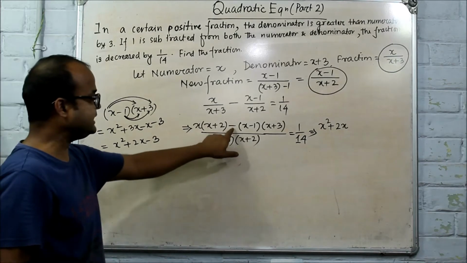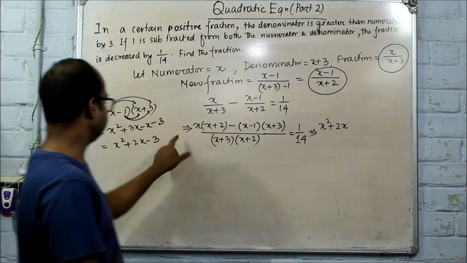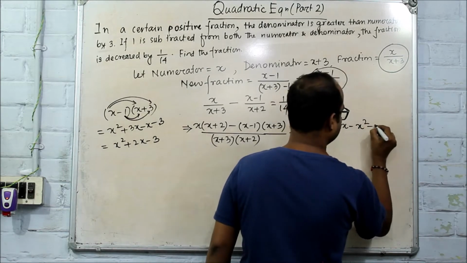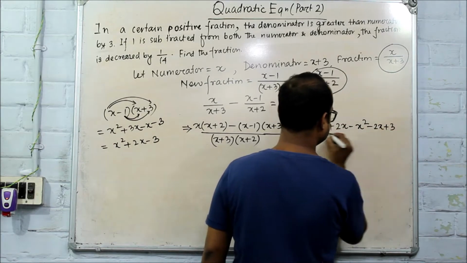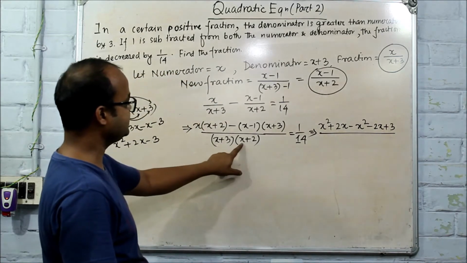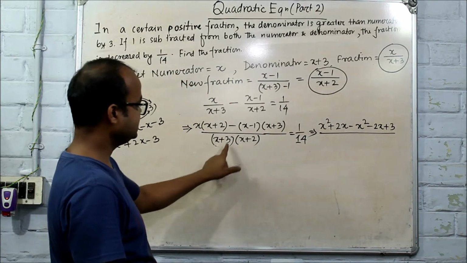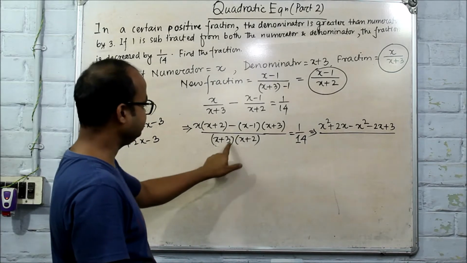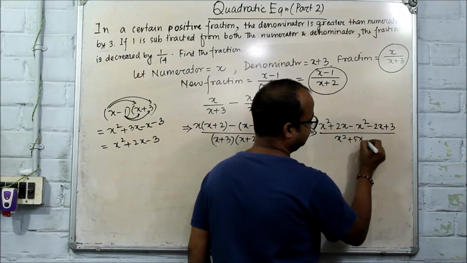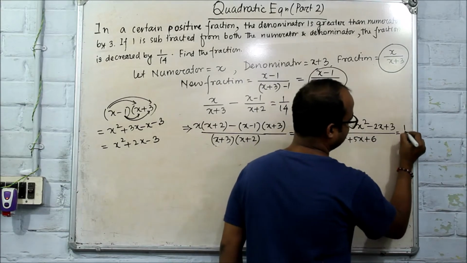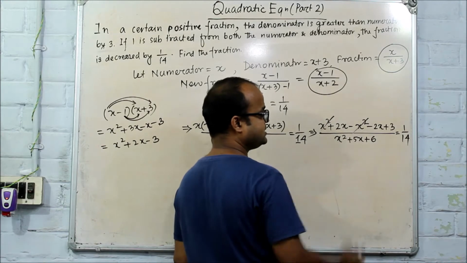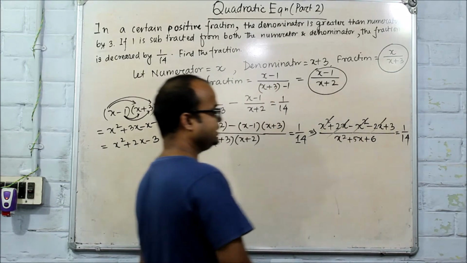Now see, the outside sign is negative, so each term will change its sign. So minus x square minus 2x plus 3 by the denominator. If you multiply the denominator you will get x square plus 2x plus 3x, that is 5x plus 6. So the denominator is x square plus 5x plus 6, equal to 1 by 14. Plus x square minus x square cancel, plus 2x minus 2x cancel.